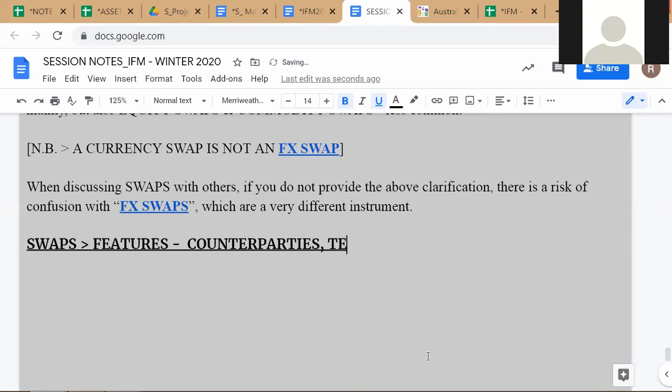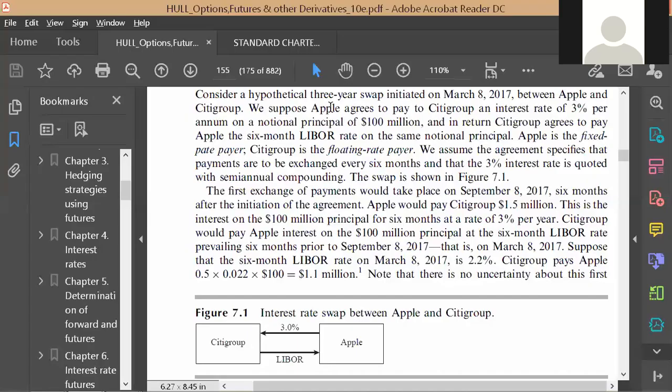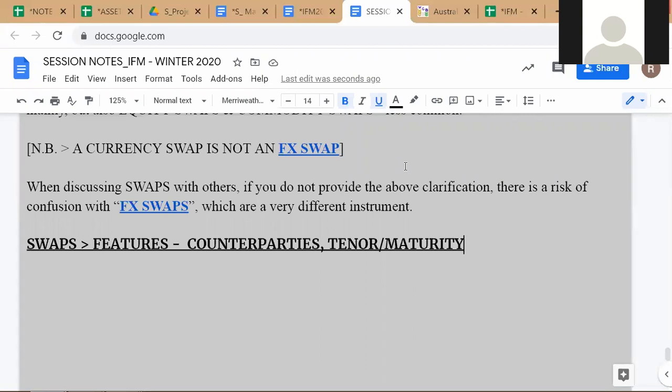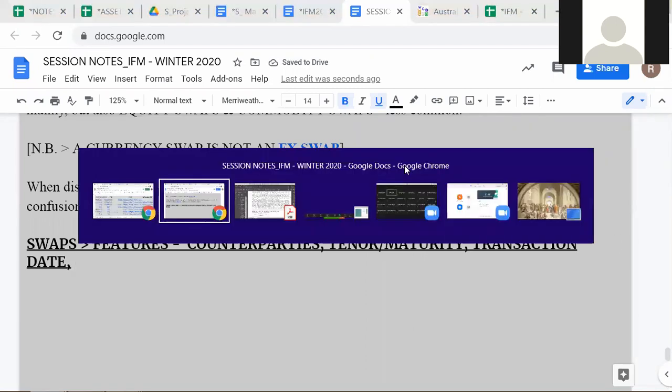Then there is a tenor or maturity. The maturity is basically the end of the transaction, okay? So here, that tenor or maturity in this example is 3 years, okay? We can see that. And then there's, of course, a transaction date, right?